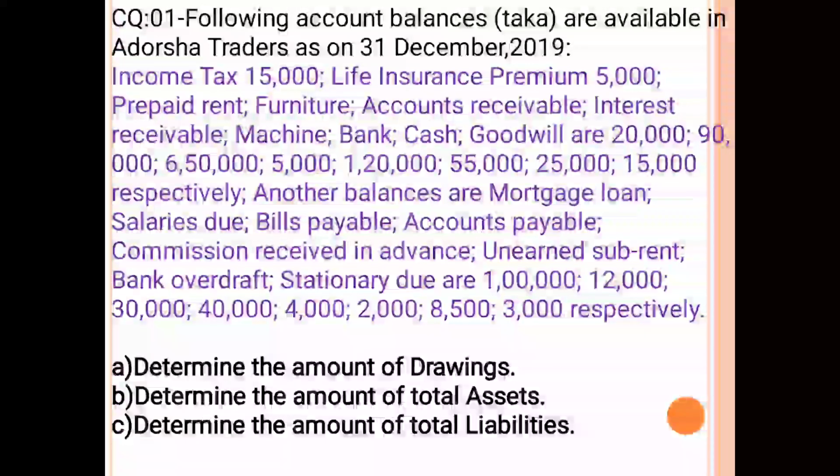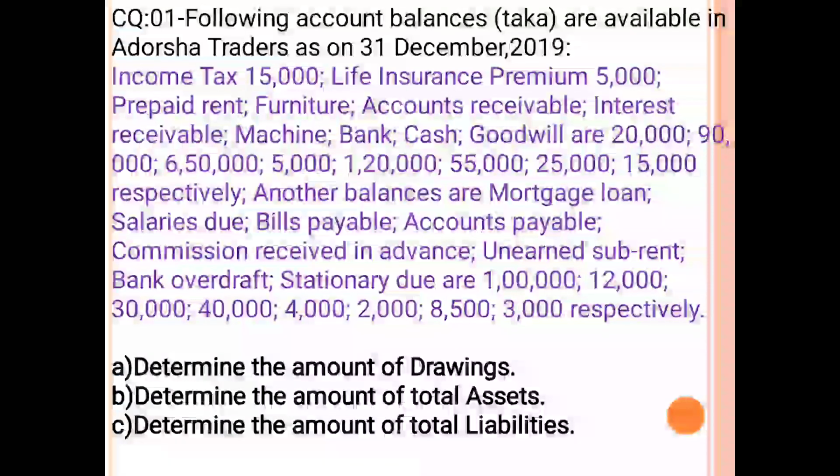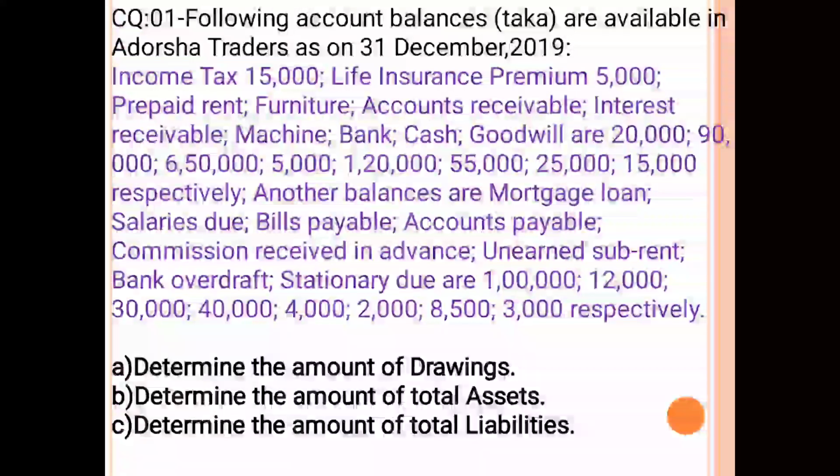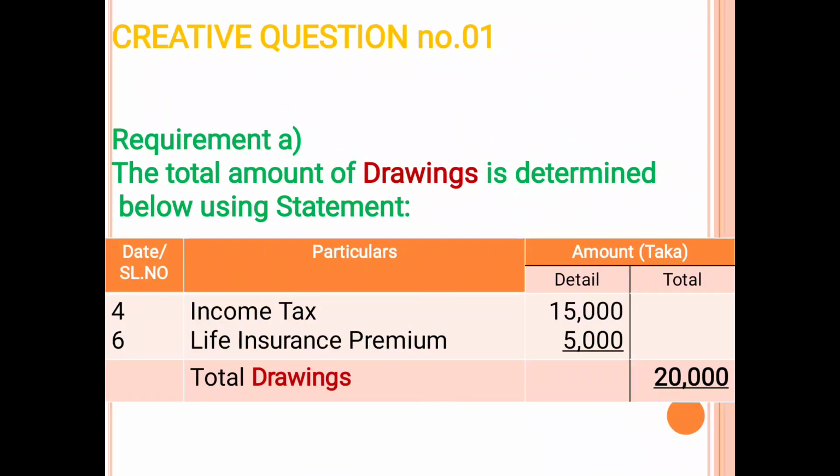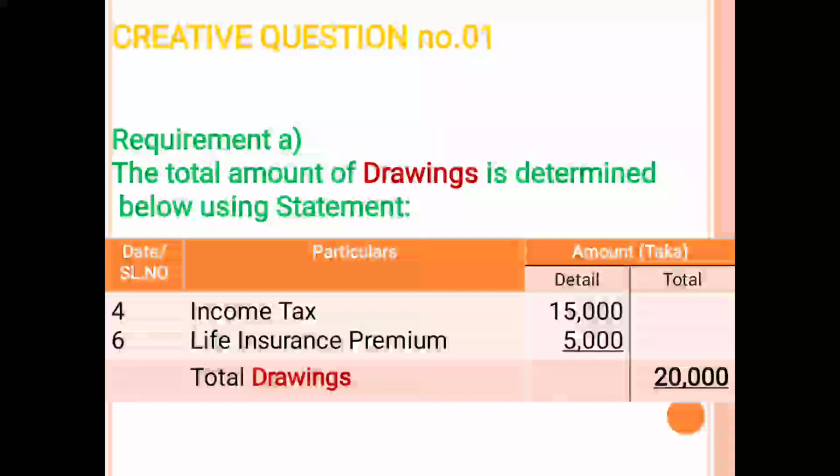Dear learners, I think you have already opened the format for 3 requirements. Okay, now you can see in my slide for the first one, the total amount of drawings is determined below using a statement. In this system, you have to write an answer for this creative question.